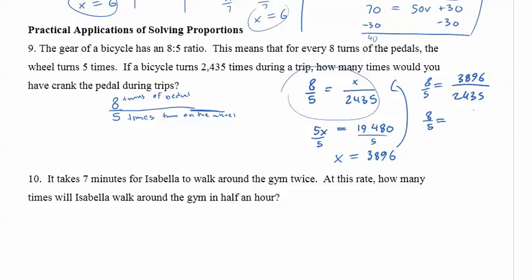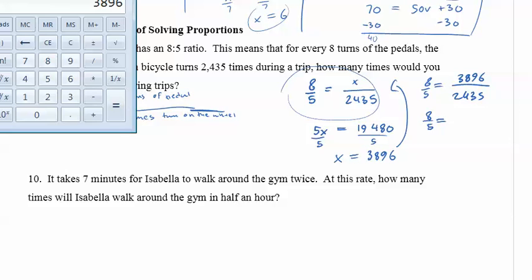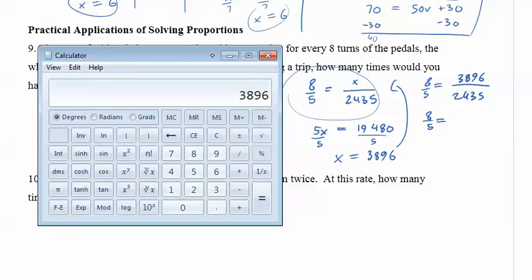Okay, this is a pretty big thing to simplify. Well, a good way to do it, if you don't want to simplify it via fractions and reducing, is just make sure that 8/5 does equal that.